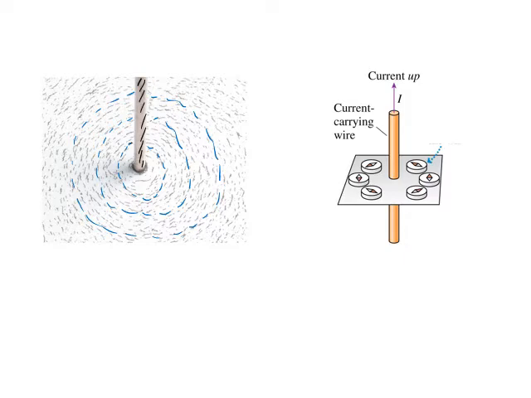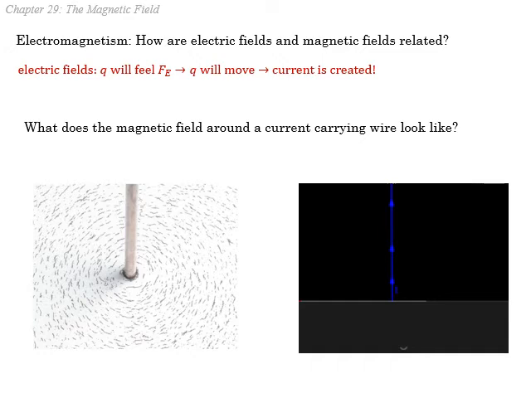That's just a drawing that shows that the compass needles line up to show that the field is a circle around the wire. As we go through, we're going to try and continuously build the idea that electric fields and magnetic fields are interrelated, they're connected. So let's just have a very quick refresher about electric fields. We know that charges will feel an electric force when they're in an electric field. That means that a charge in an electric field will move, which means there's a current created.